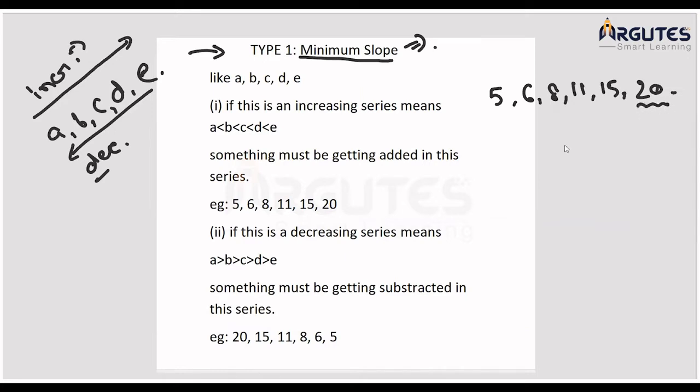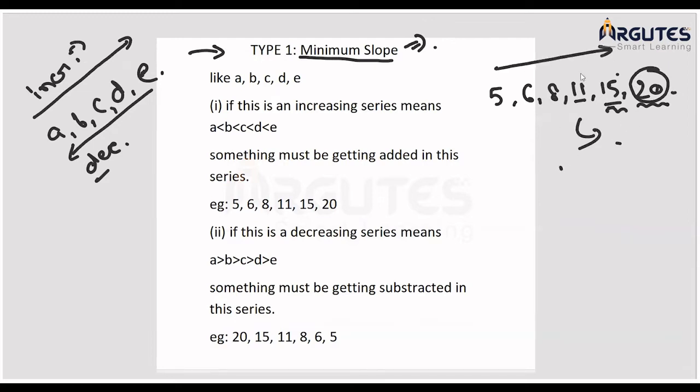What is the larger number? 20. Just before that, 15. Is 20 2 times or 3 times or 4 times of 15? No. Is 15 2 times or 3 times or 4 times of 11? No. So from here we come to the conclusion that something must be getting added.